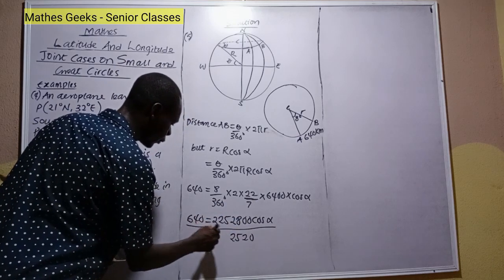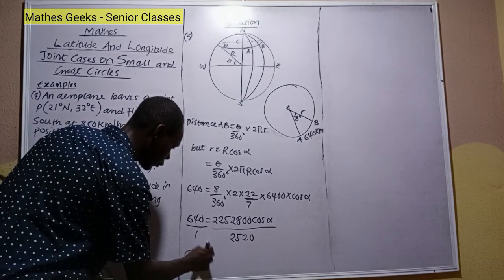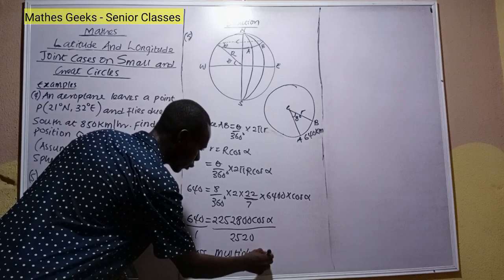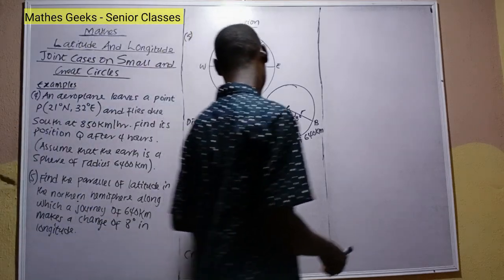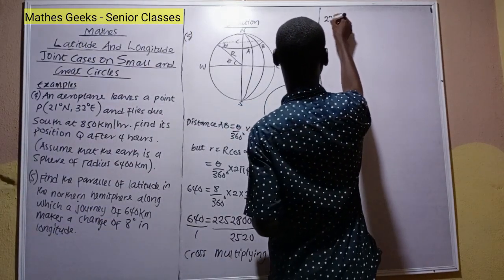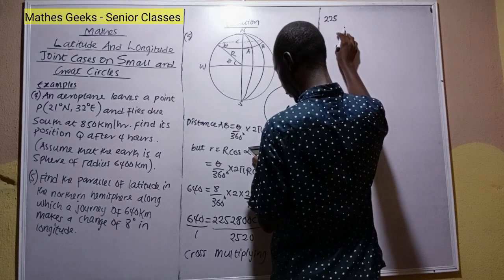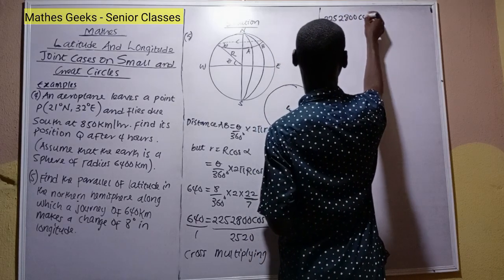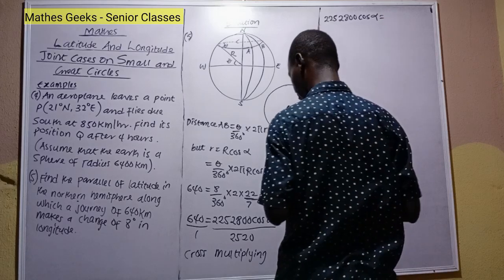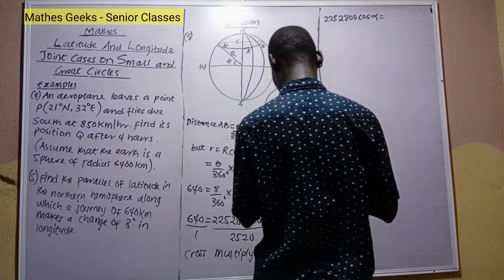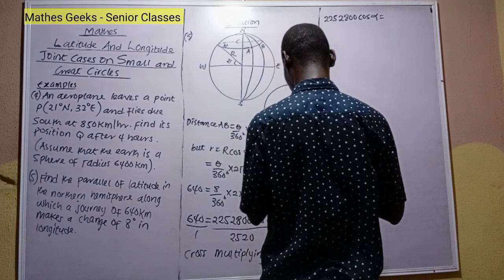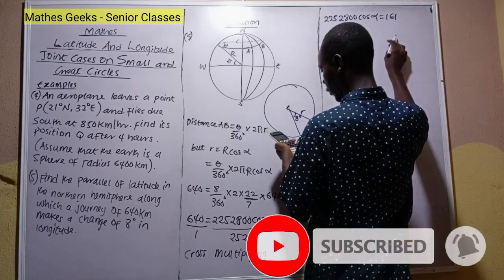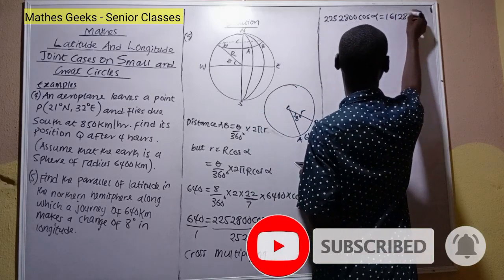So cross multiplying, we're going to have 2800 cos alpha is equal to 640 times 2520, which is 1612800.